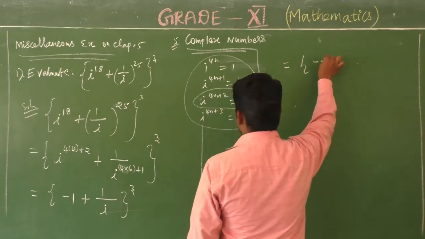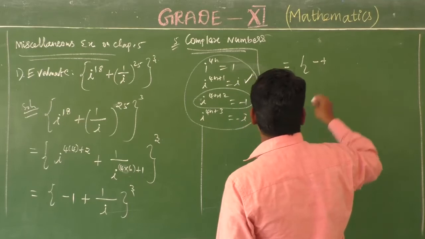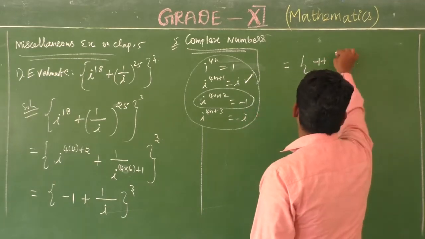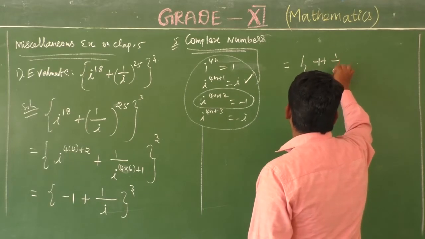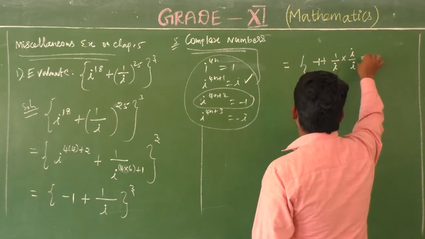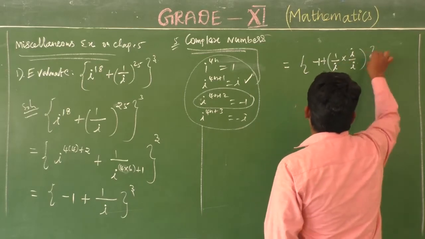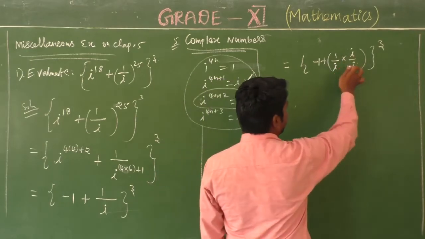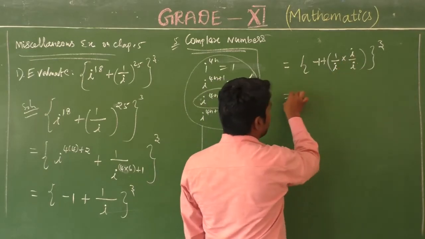Minus 1 plus 1 by i. 1 by i is written as 1 by i into i by i, whole power 3. Using the conjugate of the denominator, minus i by minus i, the minuses cancel, so i by i.